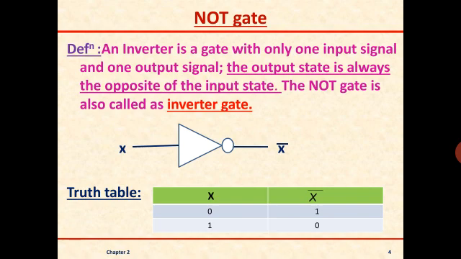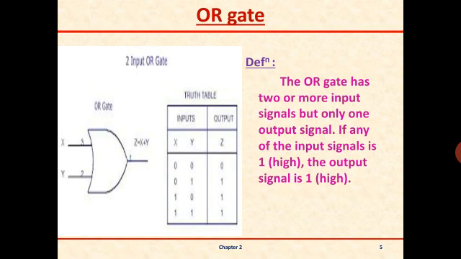So the next gate is the OR gate. This OR gate has two or more input signals but only one output signal.